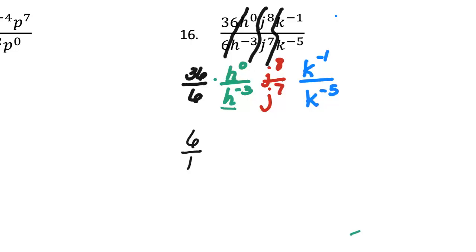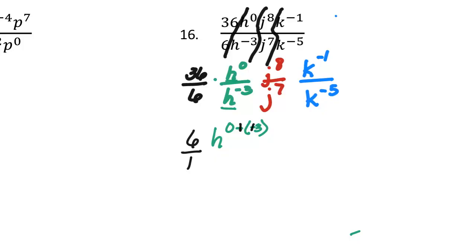What do I do with the exponents? Subtract. So this is going to become h to the 0 minus negative 3. When you subtract a negative 3, you change that to adding the opposite. So now it's really going to be h to the 3rd, right?